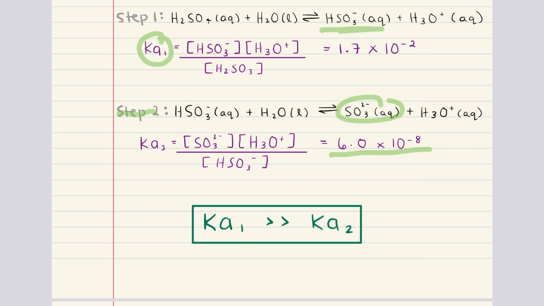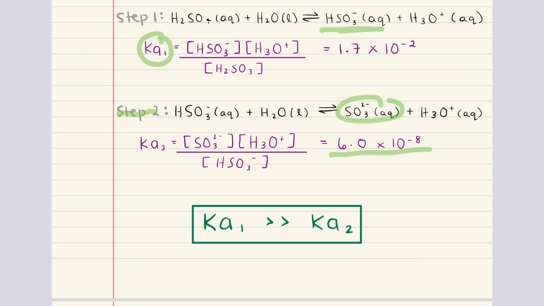This tells us that the first proton is easier to remove. The first proton comes off much more easily than the second. This trend is something you'll see with most polyprotic acids. Each successive proton is harder to lose, and the dissociation constants decrease accordingly.